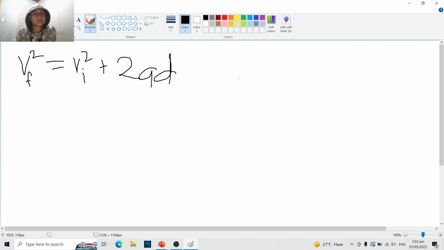So, first things first, the first thing to remember here is that this equation actually comes from V is equals to distance over time, and if we change it in terms of distance, we have D is equals to V times time, since you just cross multiply.